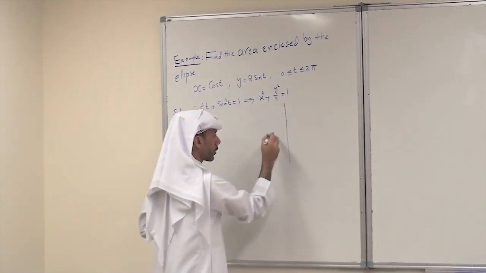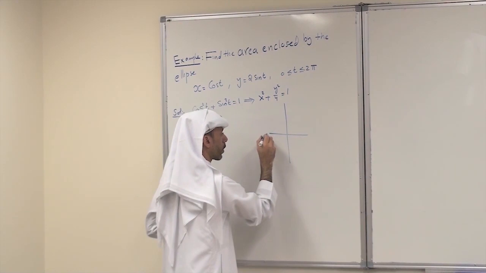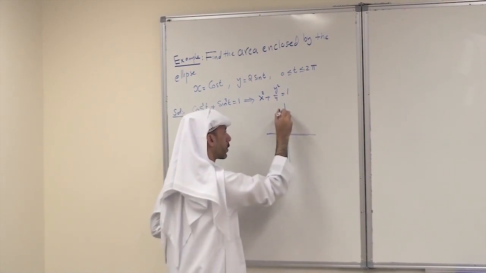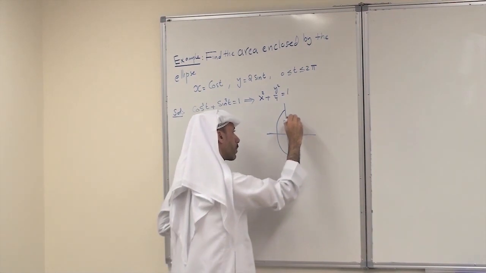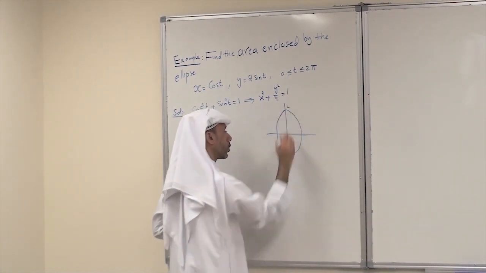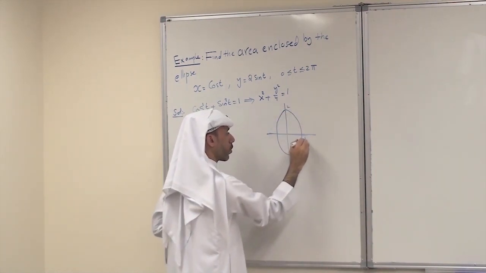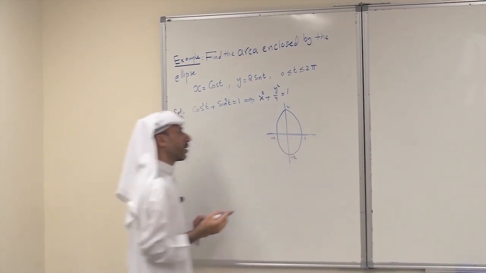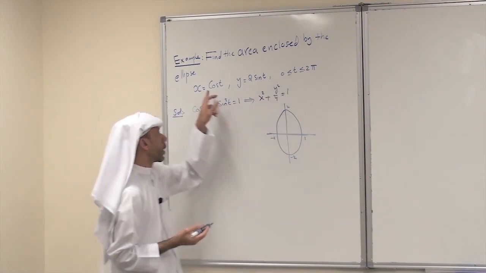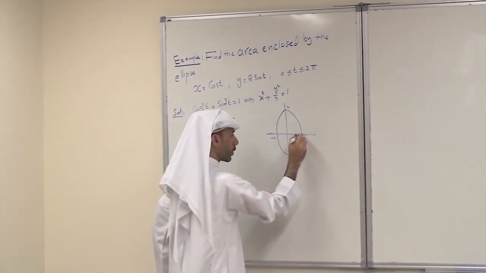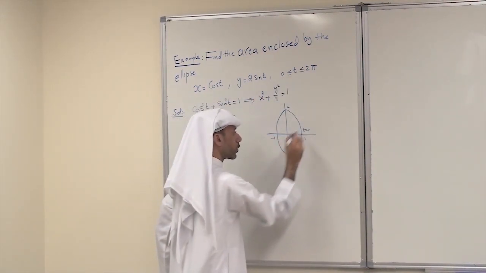This is the sketch. This is the graph of this ellipse. This is 2, minus 2, 1 and minus 1. We can also check the direction. When we take t equal to 0, I get this point 1 and 0. So this is t equal to 0.